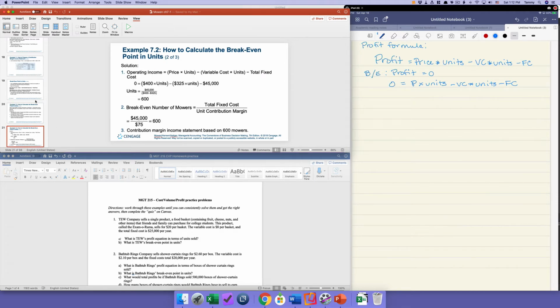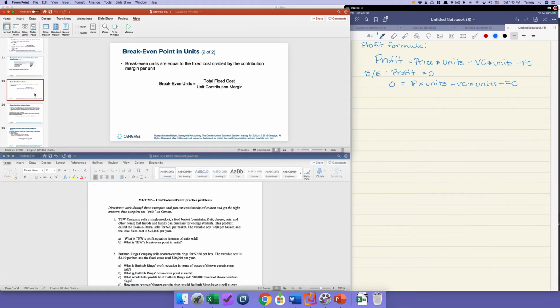In our lawnmower example here, they have you go through it, and here is the write-up for how to go through it. If we solve out this equation to make it a little bit simpler, we want to solve for units. If we take the fixed cost over here, we can say fixed cost equals price minus variable cost, in parentheses, times units.